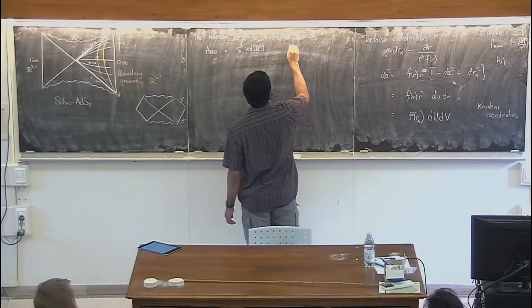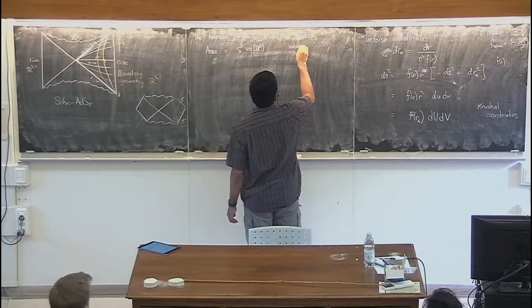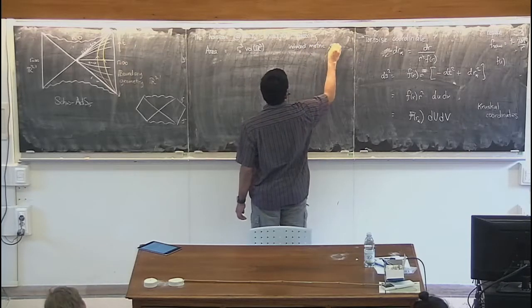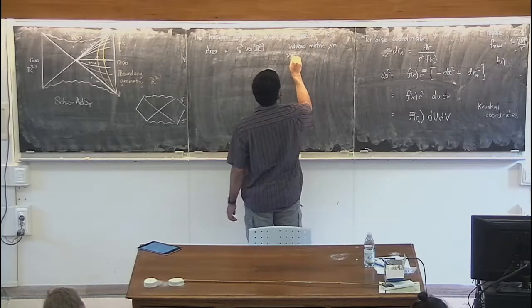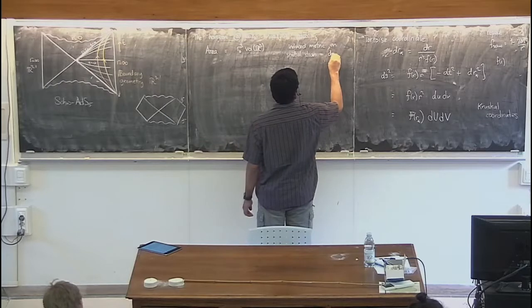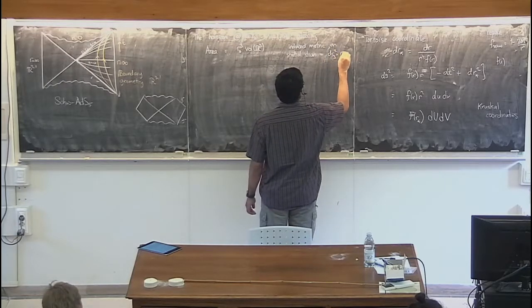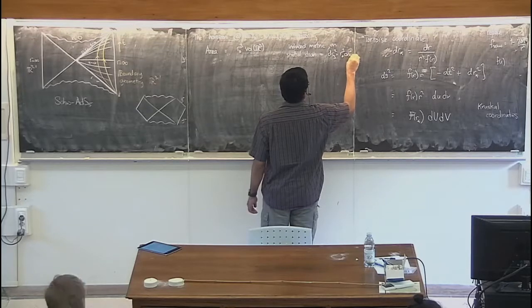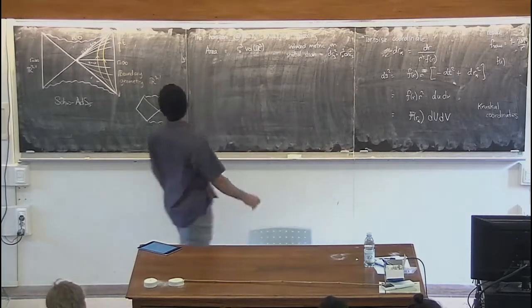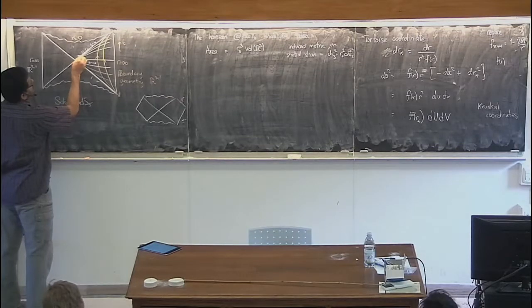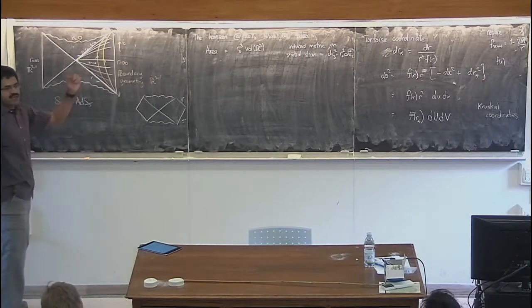So the induced metric on spatial slices is... so I'm just slicing it at some instant of time here and asking what the area of that surface is.